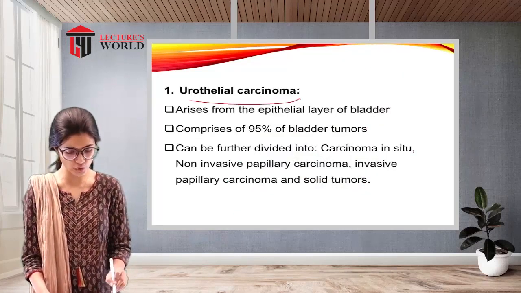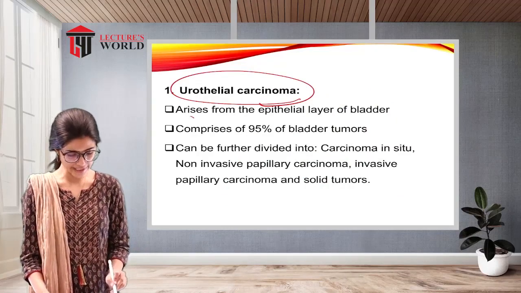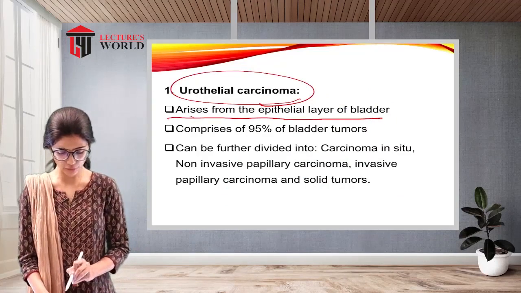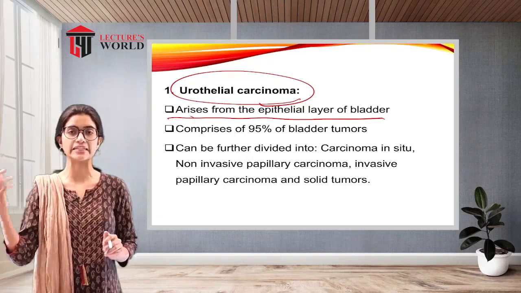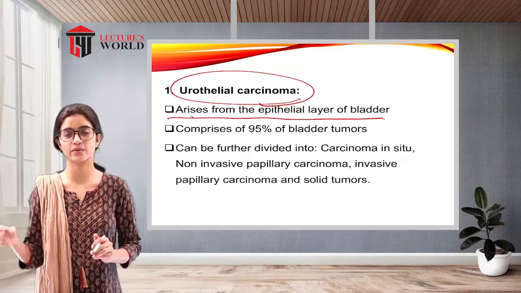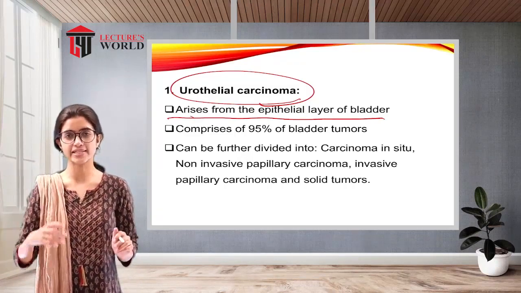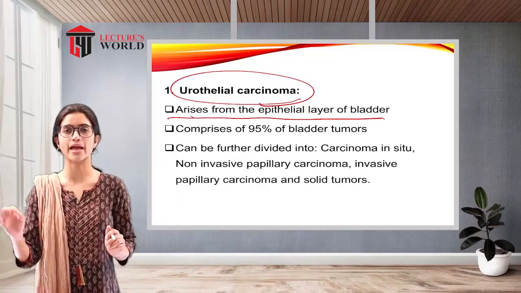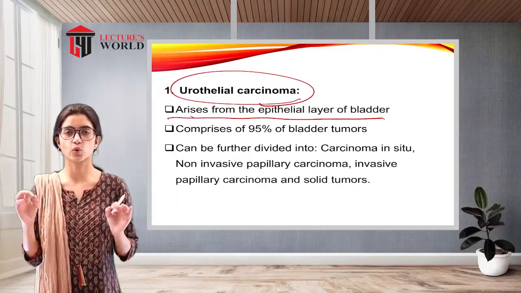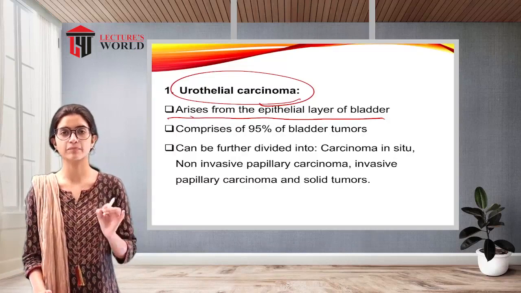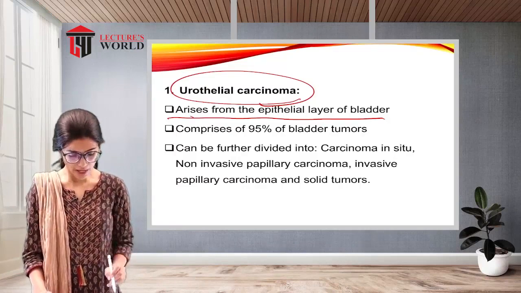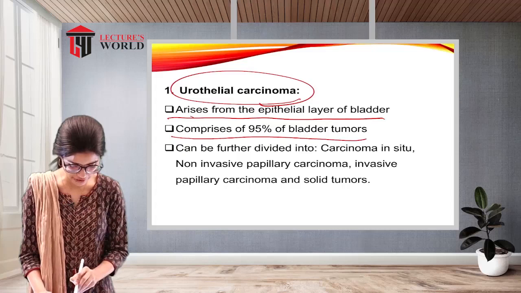The first one is urothelial carcinoma, which arises from the epithelial layer of the bladder. The name itself suggests that if the cancerous growth arises from the epithelial region within the bladder, we call it urothelial bladder cancer. It comprises 95% of bladder tumors.